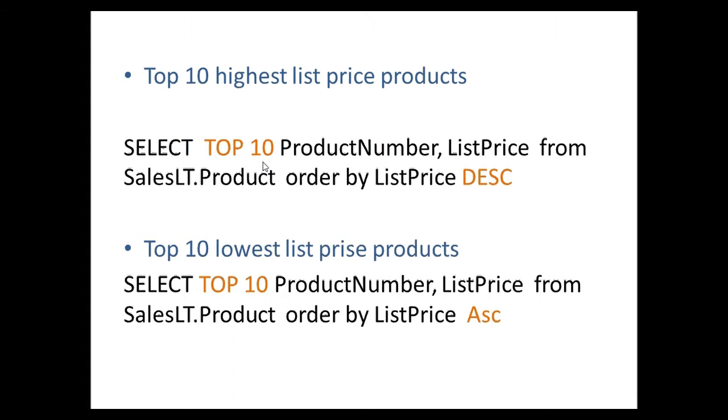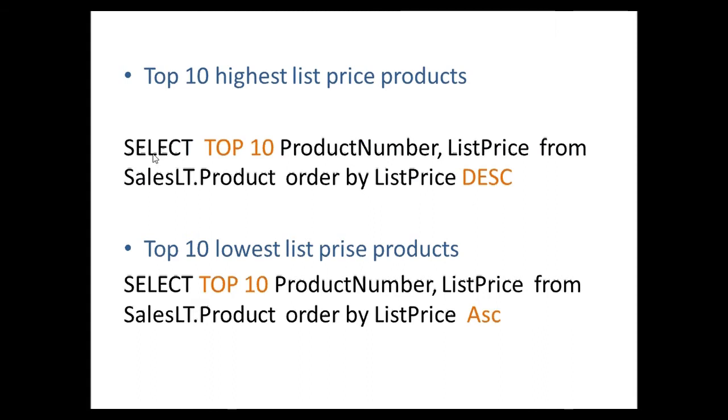Here our idea is to get the maximum price, the top 10 products with the highest price. So I have added an order by clause. Order by list price descending will arrange the data from highest to lowest. That's why order by list price descending.